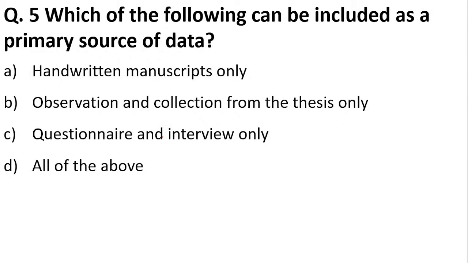Which of the following can be included as a primary source of data? Handwritten manuscripts only, observation and collection from thesis only, questionnaire and interview only, or all of the above?